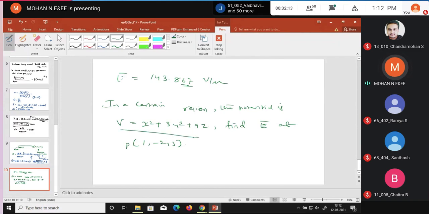So you have got V here. You have to solve for E. So which equation will you use now? You are given the potential. You have to solve for E vector.